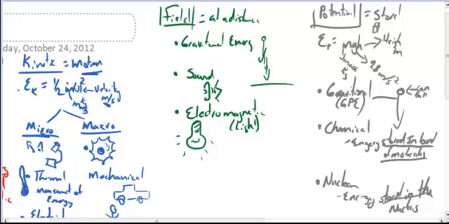It's stored in the nucleus versus stored in the bonds of molecules. So here, like we have an atom here, and like this. So we've got one right here would be right where the bonds are. Whereas in nuclear, you've got an atom, and you're splitting it right down the middle to get the energy.